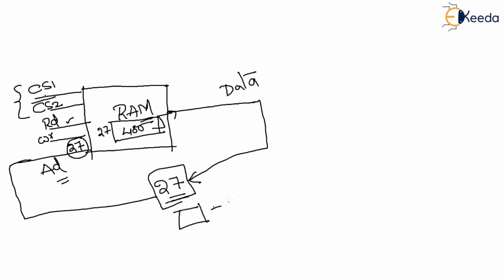So this is the CPU. When the CPU wants to read something from some address, it will send the address reference to the main memory, that is RAM. The address being referenced will get transferred to the address bus. This is the address bus, connected to the address lines of RAM.